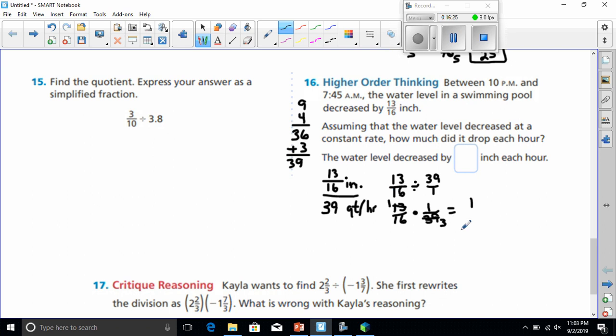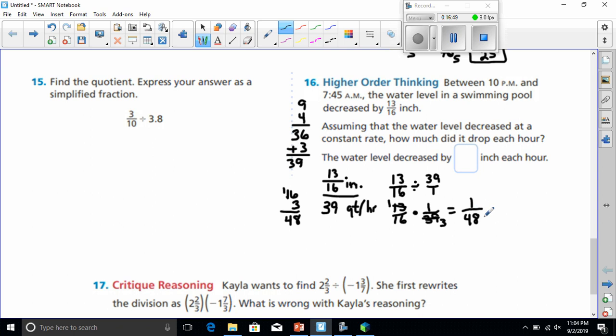And 16 times 3, let's see, I think it's going to be 48. 18, carry the 1, yep, 48. Okay, so that's 1 over 48. And now we have to multiply this. Remember, they want to know how much it drops in each hour.